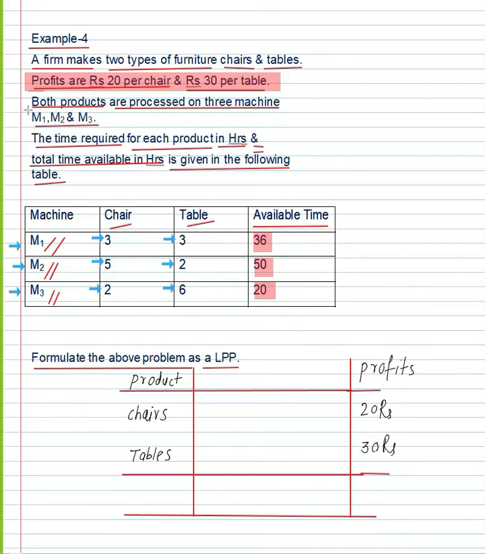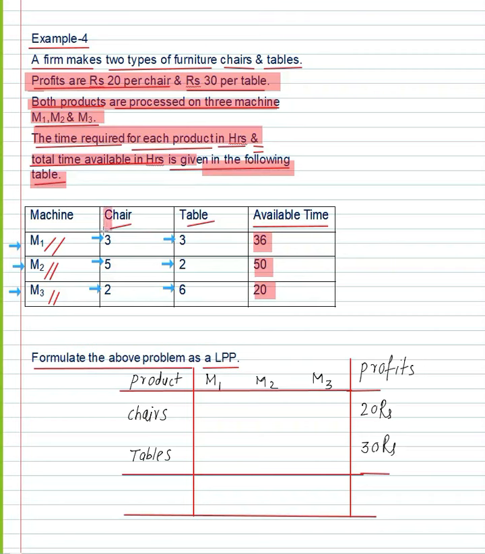And both products are processed on three machines, M1, M2, M3. Time required for each product in hours and total time available in hours is given in the following table. So both of these products are processed on machine M1, M2, M3.